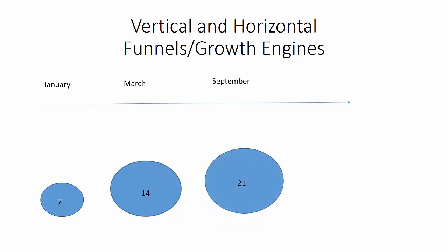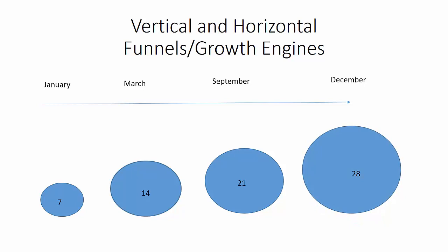And then in September, you might encourage them to take the next step. You might encourage them to upgrade their experience. It might be the next step up to get the new experience that they didn't have in January and March. And then in December, of course, you encourage them to pay a little more for an additional upgrade.